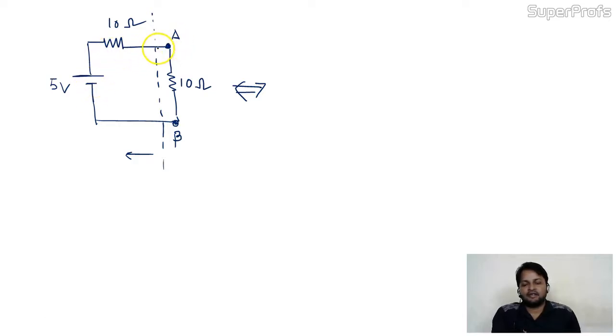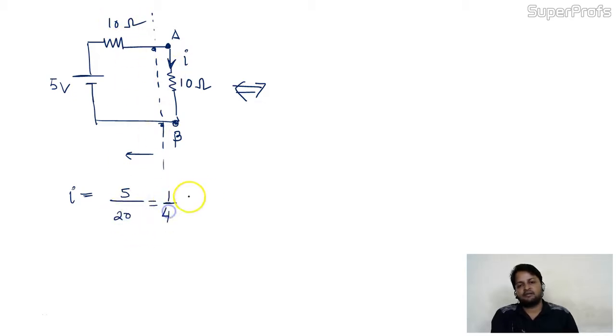So up to this part I can convert into the equivalent current source, or current circuit. But before converting, find out the current here. What is the current in the 10 ohm resistance? This current is 5 divided by 10 plus 10, that is 20.